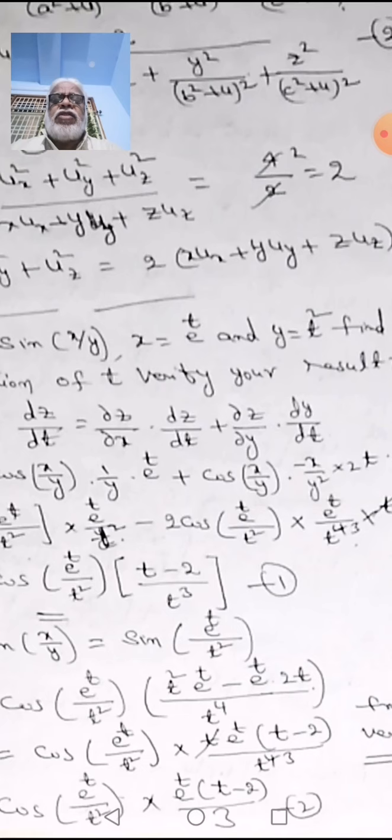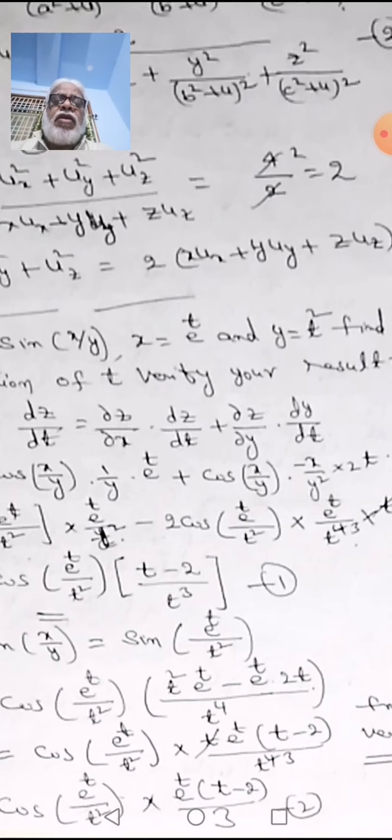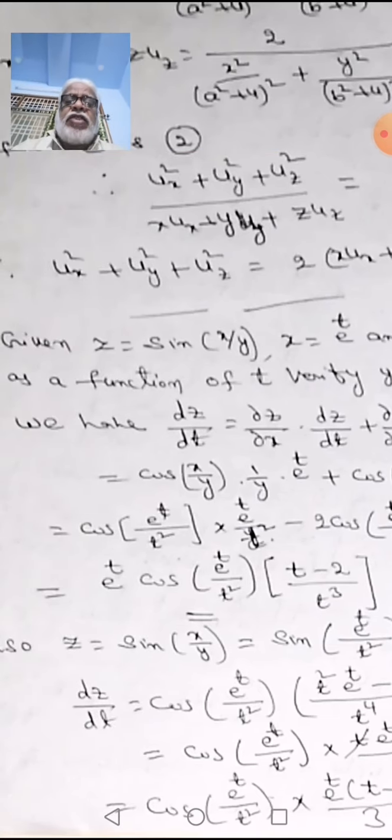Then the chain rule is like this: dz by dt is equal to dou z by dou x into dx by dt plus dou z by dou y into dy by dt. There was a mistake here, just correct it, because dou x and dx both are the same, and then we cancel like that. That is called the chain rule.